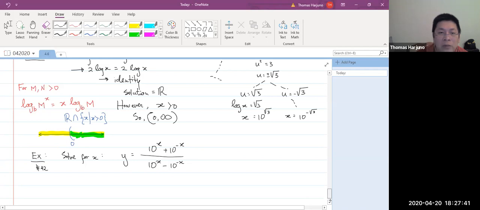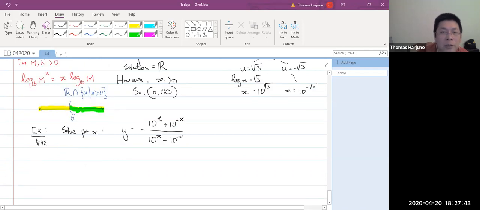Let me rewrite this first so that we have a better visualization. The top left is 10 to the x. The top right is 1 over 10 to the x. Bottom left, 10 to the x. Bottom right is 1 over 10 to the x. See, that's what it looks like.